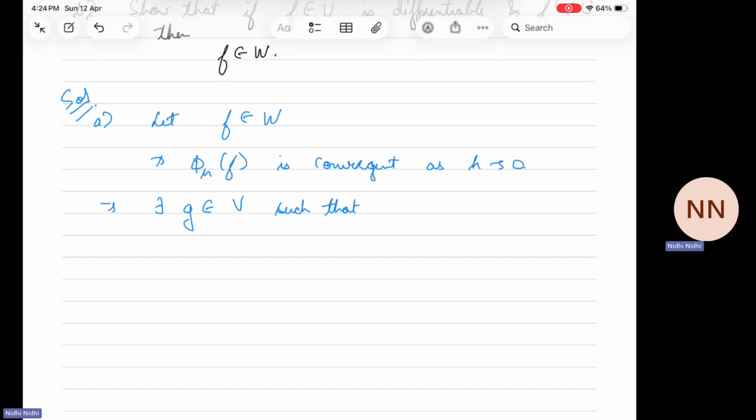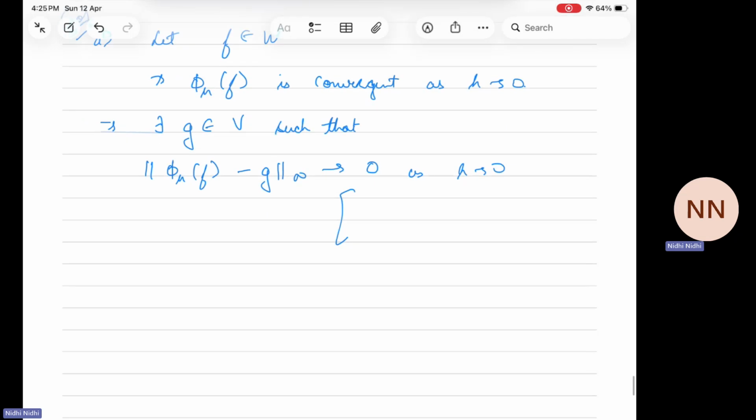and what is the norm on V? The sup norm. The sup norm of phi h f minus g goes to 0 as h tends to 0. Or in terms of the epsilon delta definition, we can say that for any epsilon positive, there exists delta positive such that this sup norm of phi h f minus g is less than epsilon whenever mod h is less than delta.